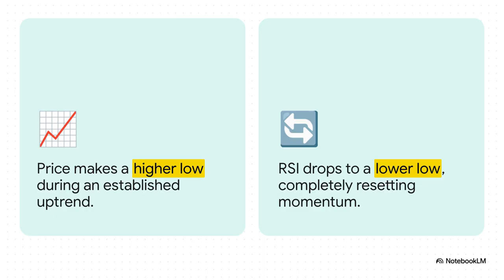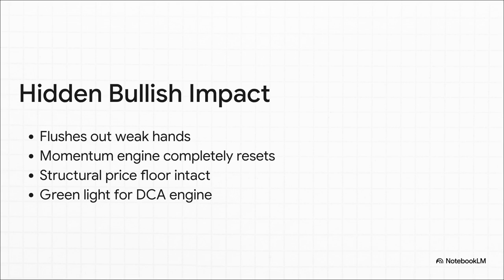Let's break down the clinical mechanics of hidden bullish divergence. It happens during an already established uptrend. The price pulls back, right? But it maintains its overall structure by printing a higher low. Yeah. However, your RSI drops all the way down, printing a lower low. Just think about what this actually means. The momentum engine has completely reset itself to the downside, but the price barely even budged. And when the RSI drops that far without breaking the price floor, it just violently flushes out all the weak hands in the market.